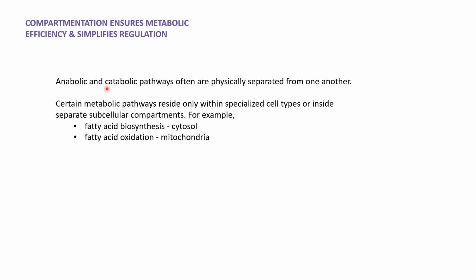So in terms of catabolic, which means breaking things down to produce energy, we have glycolysis and the citric acid cycle. Glycolysis is occurring in the cytosol, and the citric acid cycle is occurring in the mitochondria. And this separation of pathways enables much better regulation and efficiency overall.